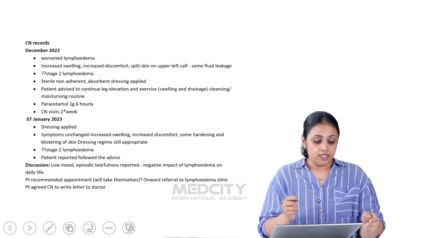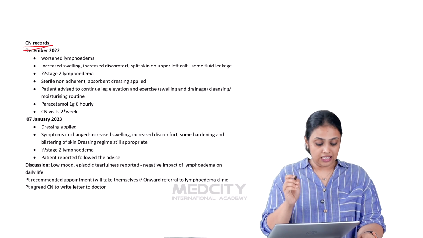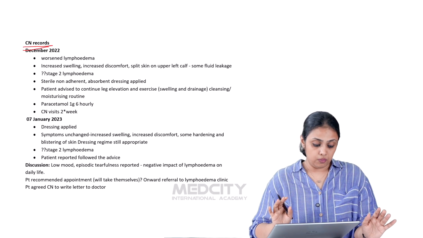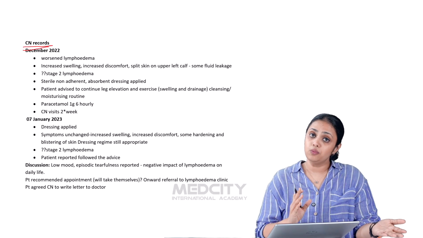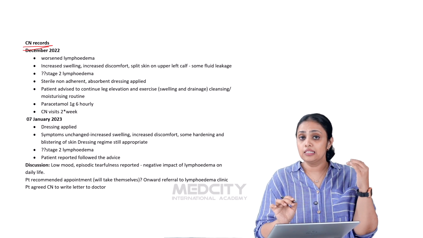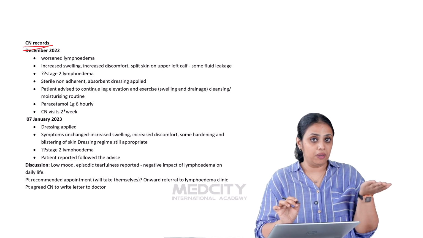Let's decide. CN records, which means this is the record maintained by you, the writing nurse. From here on, we have to carefully decide which are relevant, which are irrelevant and which are semi-relevant. December 2022, and you remember the date on which you're writing the letter is January 2023. So this is 1 month prior to that.